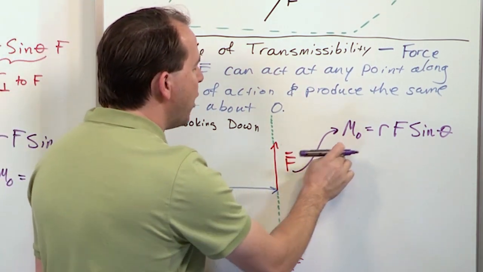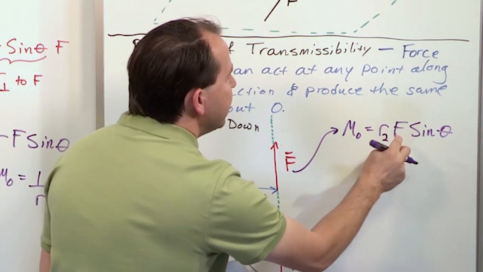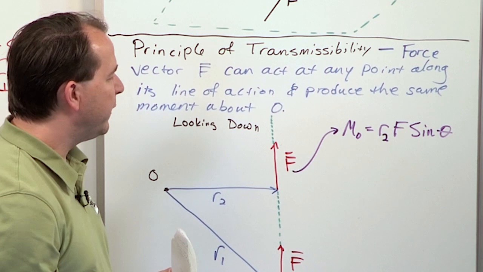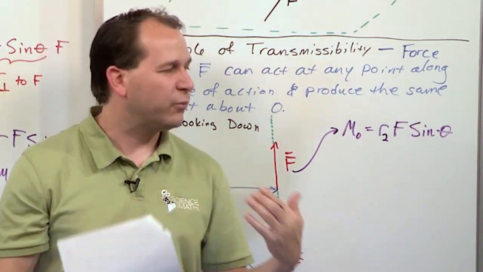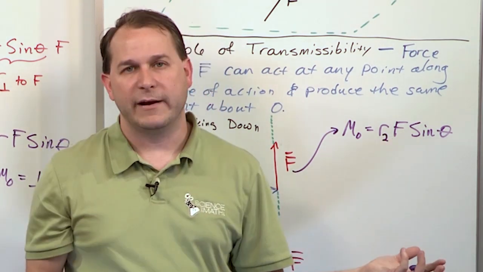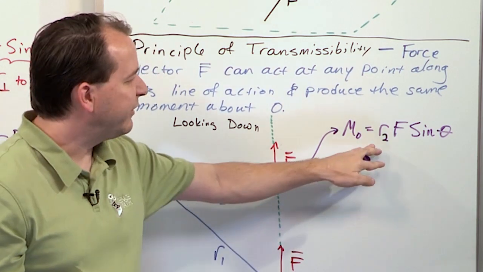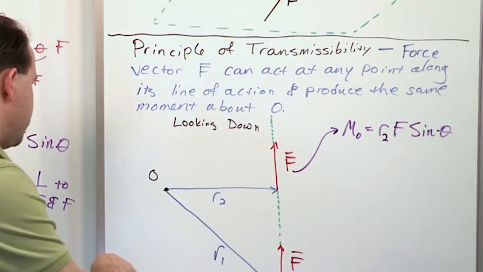The magnitude of the moment in this case is R times F, or I should say R2 times F, times the sine of the angle between them. But we know in this case that the angle between these vectors really is 90 degrees, which really means this just drops away to 1. So really the moment's R2 times F, okay? But still, let's just leave it written exactly as it is right here, okay?